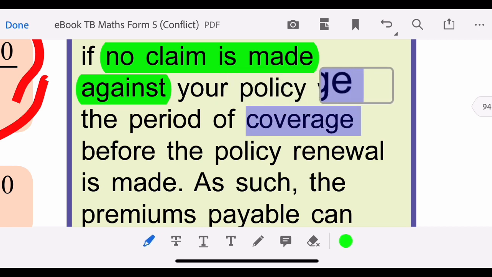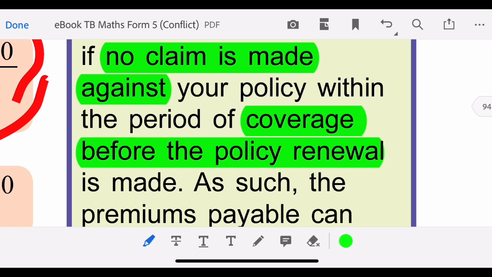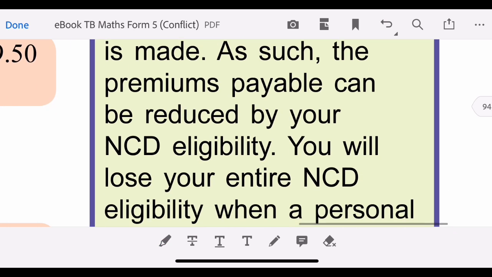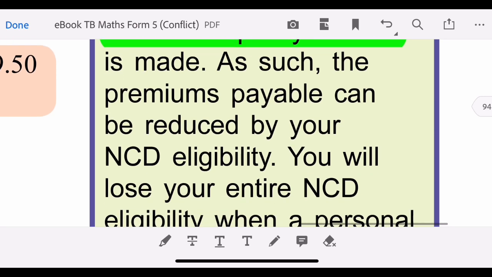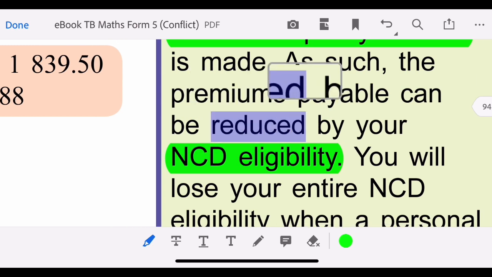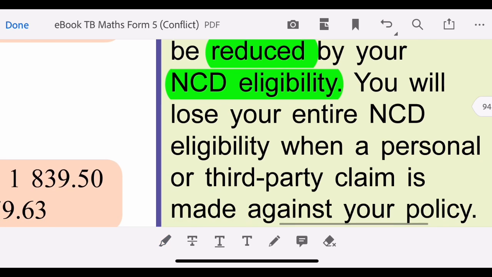It also means that there is no accident. If no accident happens, you don't have to claim the insurance for that particular year. As such, the premium payable can be reduced. So if you never claim, you can actually increase your NCD eligibility for that particular year.